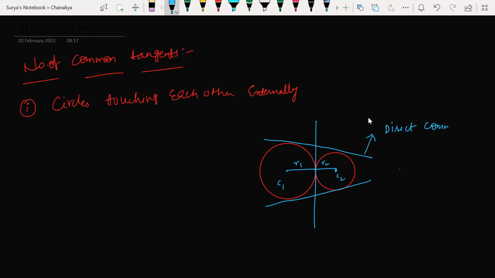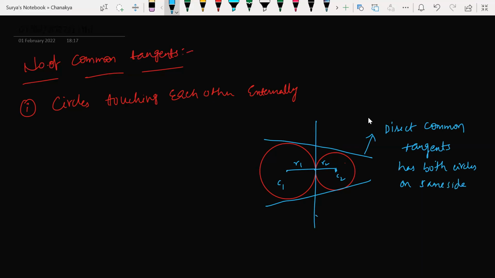Direct common tangents, as a direct common tangent has both circles on the same side.